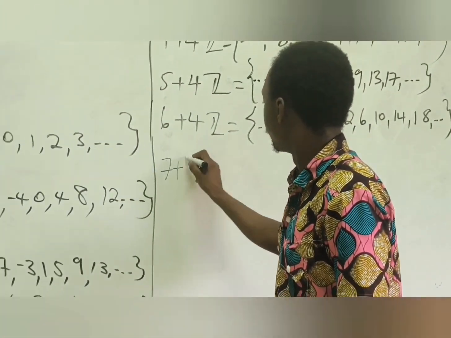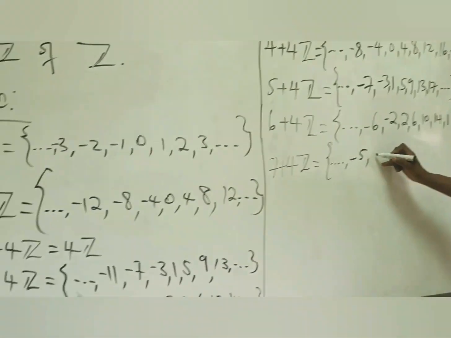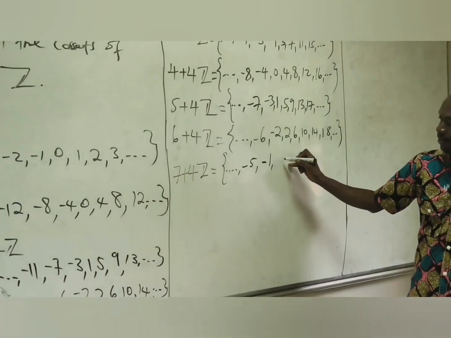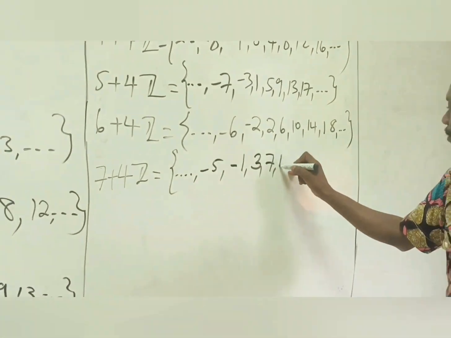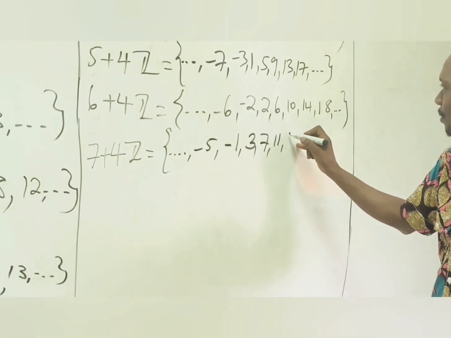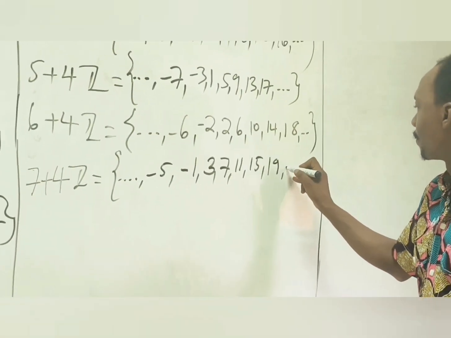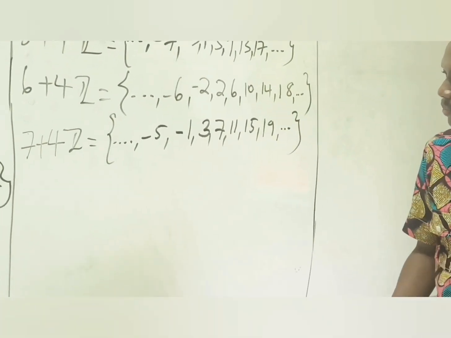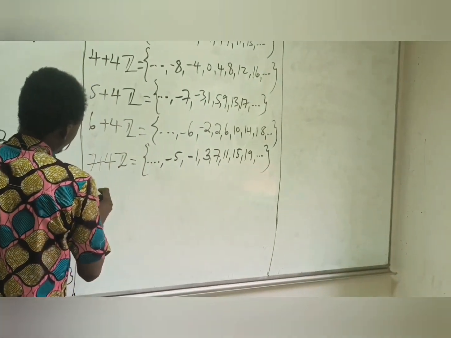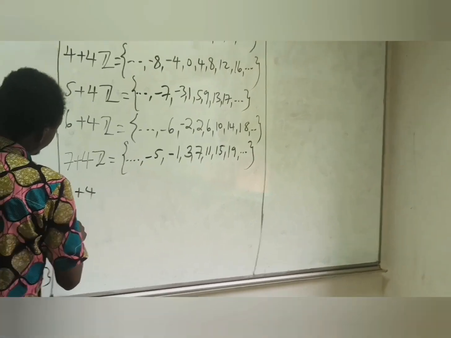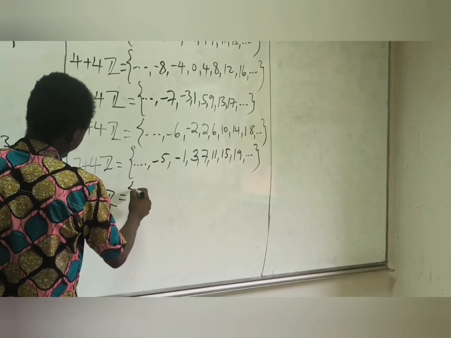7 plus 4z: negative 5, negative 1, 3, 7, 11, 15, 19. Now there's a pattern. 8 plus 4z.